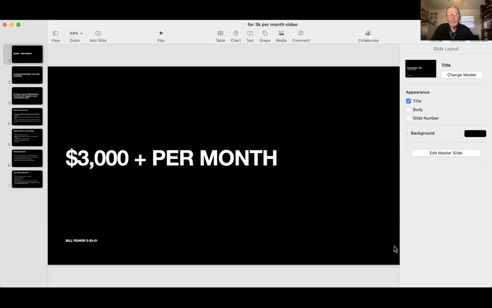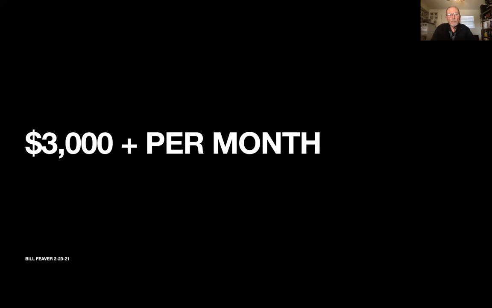If you can generate $3,000 per month, you're on your way to building residual income. This is income that, as you develop it, will come in month after month after month, and then you can go on and develop your next $3,000 a month.